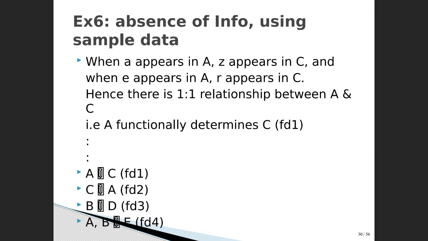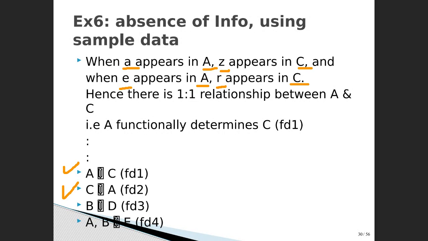Now here we have the same. When the value A appears in attribute A, Z appears in C. Same way, when E appears in A, R appears in C. So A determines C. This is one.